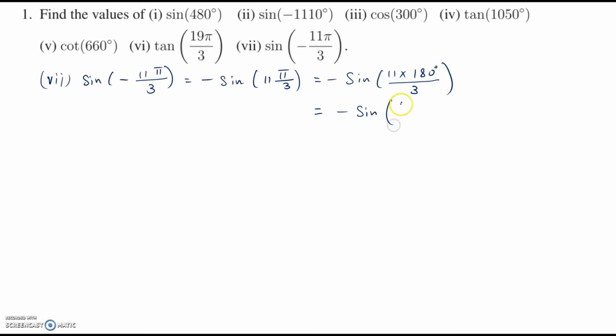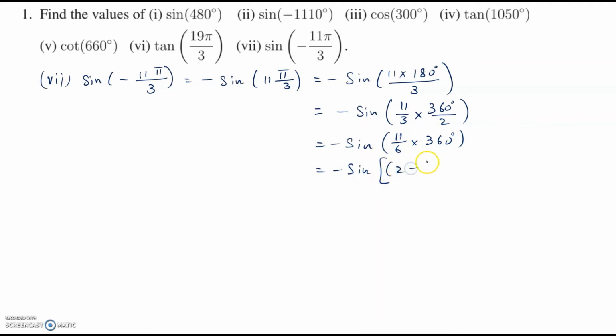So this becomes 11 by 3 into 180 becomes 360 degrees divided by 2. Further clubbing the denominator together, you can write this as minus sine of 11 by 3 times 2, which is 6, into 360 degrees. And further, you can separate 11 by 6 as 2 minus 1 by 6 into 360 degrees.